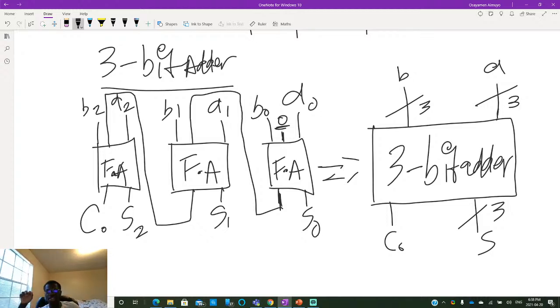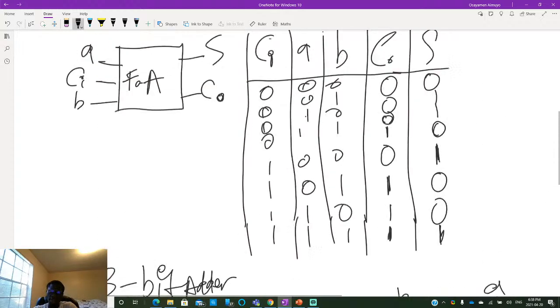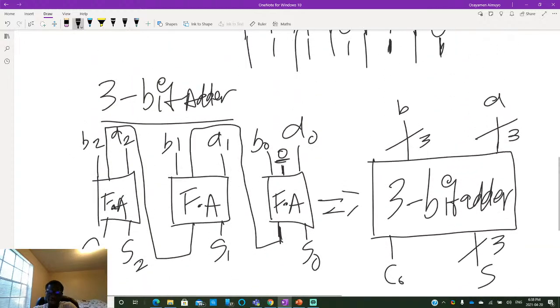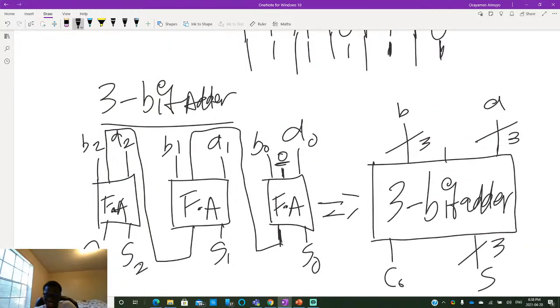Now notice that you could concatenate this 3-bit adder with another 3-bit adder to get maybe a 6-bit adder, and so on and so forth. Did I miss something here? Yeah, I missed the initial carry in, which would be 0 for our purposes.